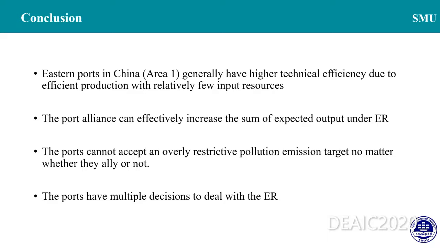The second is that port alliances can effectively increase the sum of desirable output under environmental regulation. Third, ports cannot accept an overly restrictive pollution emission target, no matter whether they are allied or not. Fourth, ports have multiple decisions to deal with environmental regulation.